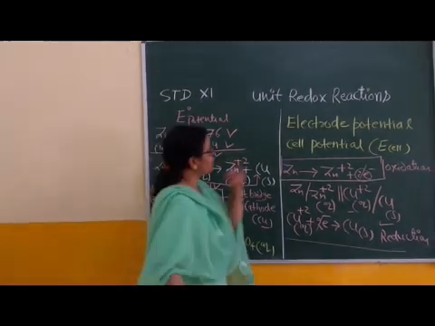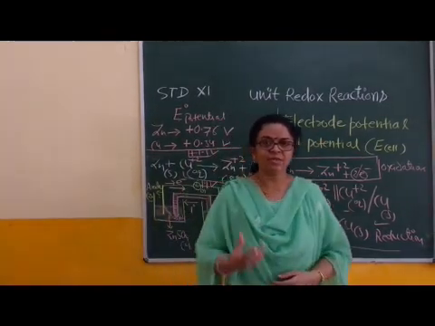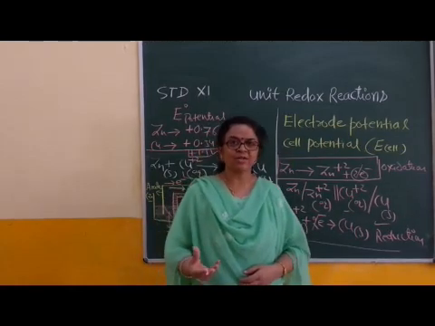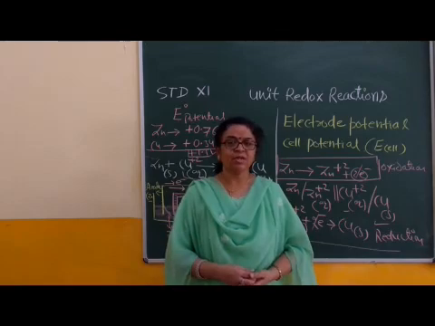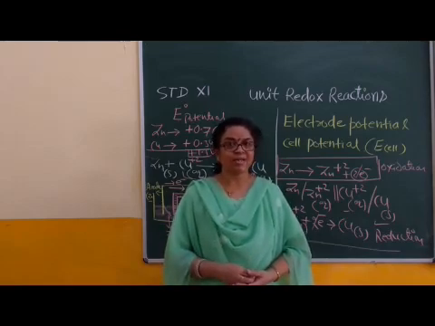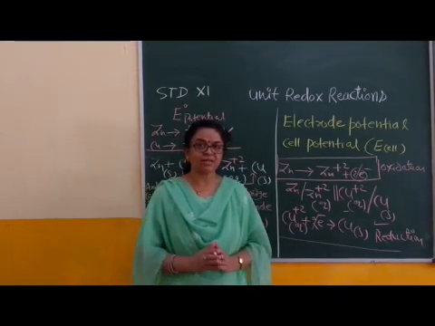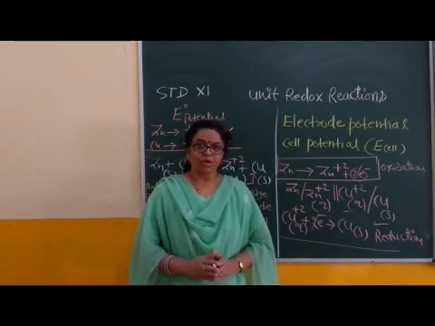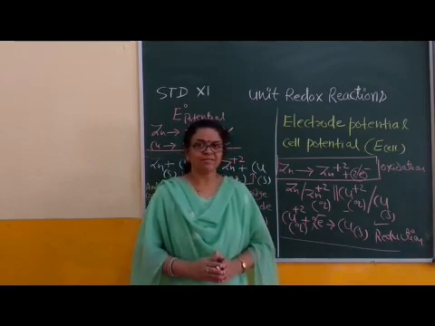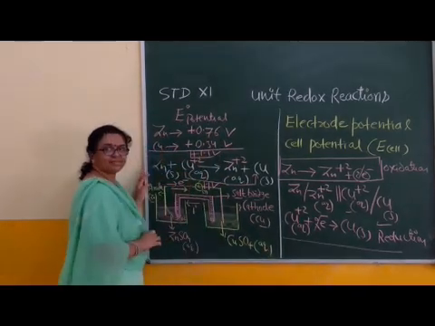Right? The difference between electrode potential and cell potential. Electrode potential means the tendency either to lose electrons or gain electrons. The anode always loses electrons and the cathode always accepts electrons. Right? This tendency is called electrode potential. When electrode potential is observed under standard conditions, it is called standard electrode potential. And cell potential is the sum of two electrode potentials.